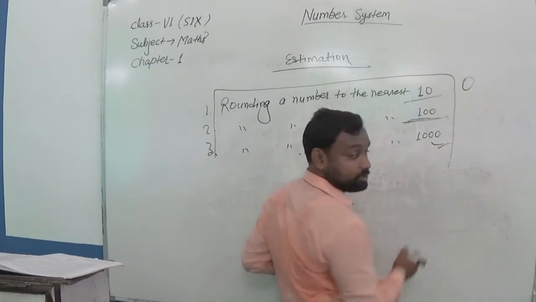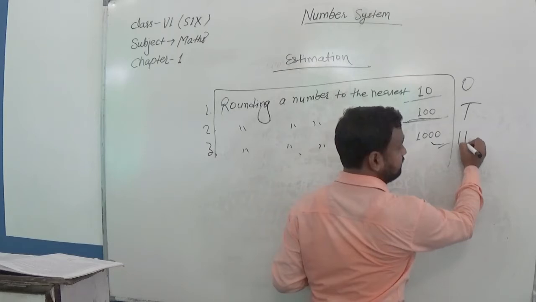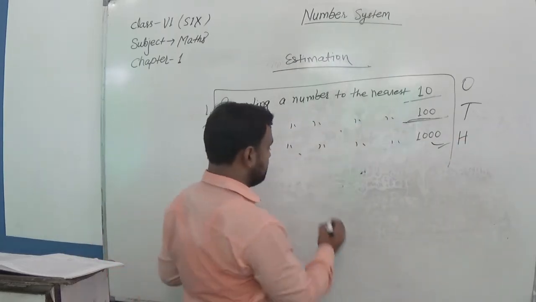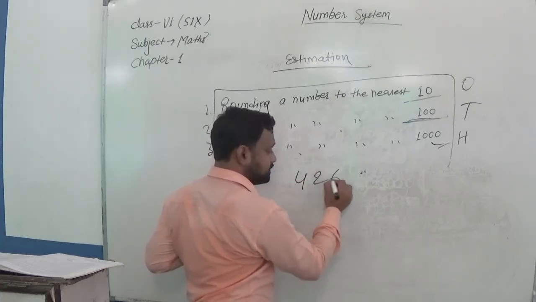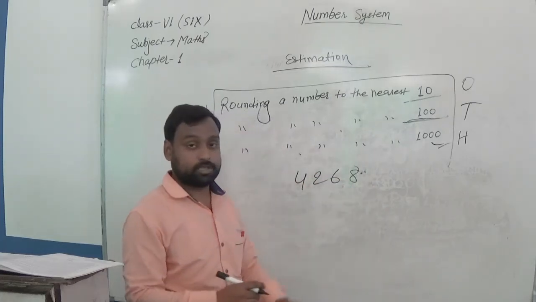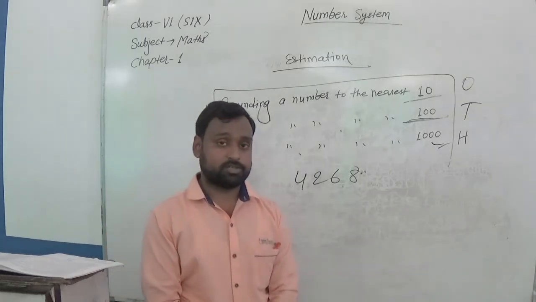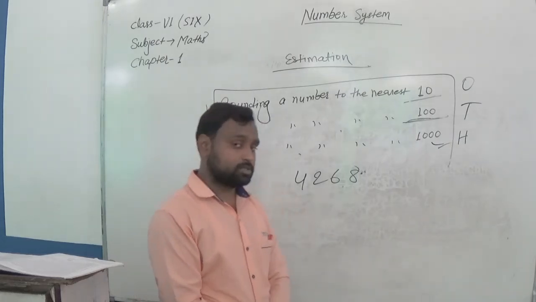Here is the place of ones, here the place of tens, and here, the place of hundreds. See, we have 4, 2, 6, 8. We have to round off this number to the nearest thousand.